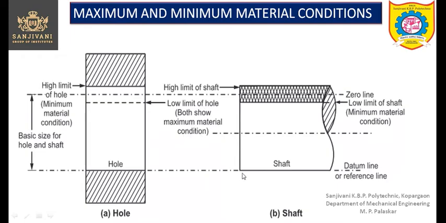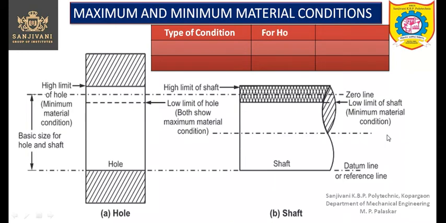Or when the size of the shaft is maximum, in both cases, when the size of the shaft is maximum and the size of the hole is minimum, that indicates the maximum material condition. Again, if you come to this side, then if the size of the shaft is minimum, that is the minimum material condition. So minimum material condition is indicated by lower limit of shaft and higher limit of hole. That means when the hole is of maximum size and shaft is of minimum size, that is minimum material condition.